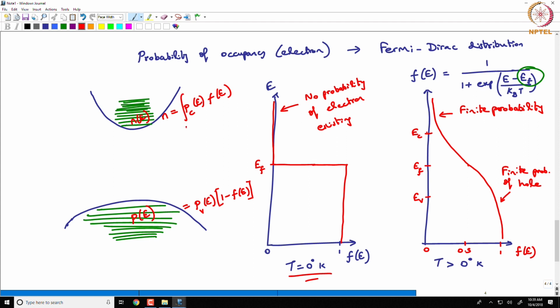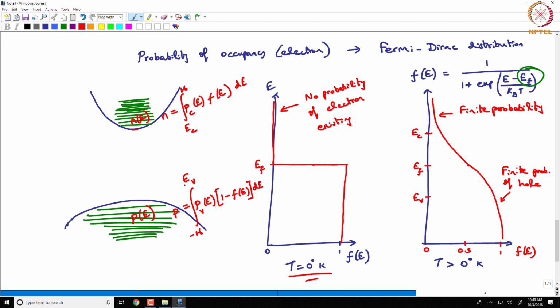In this case the integration will happen from EC to infinity, right, over all values of dE. If you do that integration, you get the total density of electrons, and similarly the total density of holes in the valence band is given by the integral over dE. What are the limits? Minus infinity to EV. Okay.